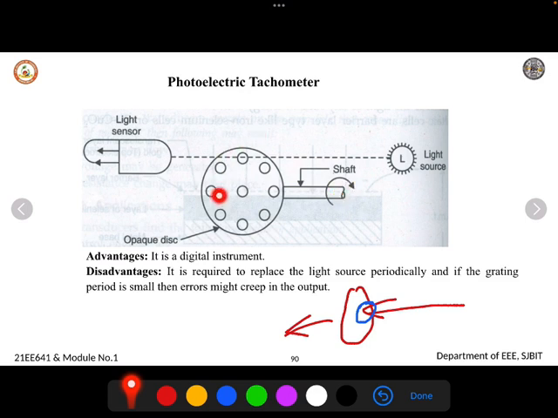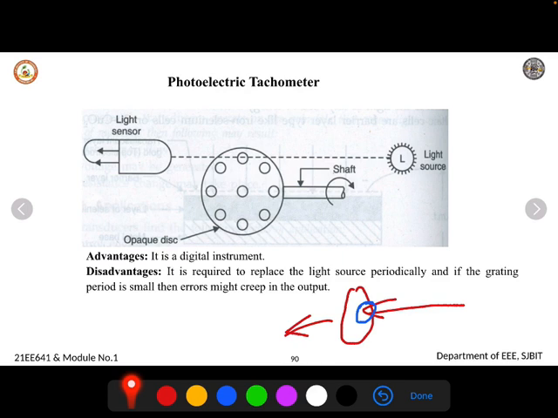As the disc keeps rotating, the light falls on the disc. If a hole is present, then the light will fall on the light sensor. If the hole is not present in line with the light source, then the light will not fall on the sensor.